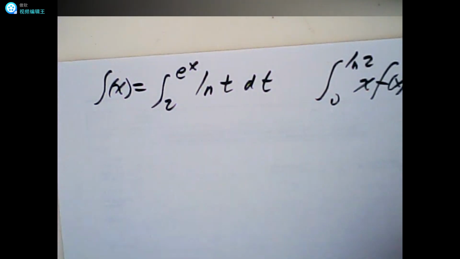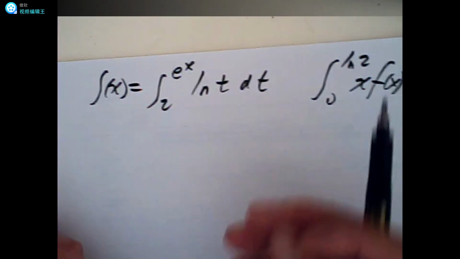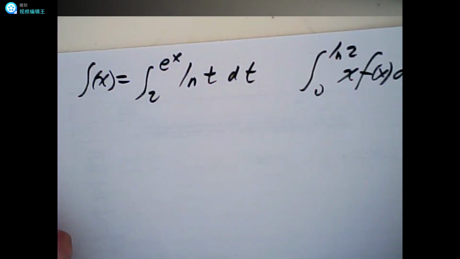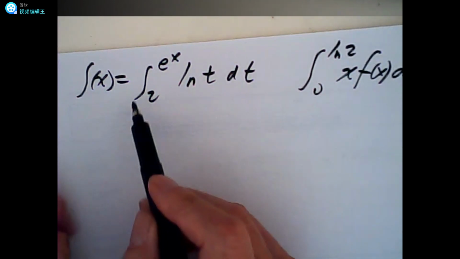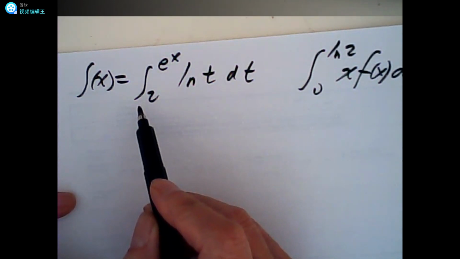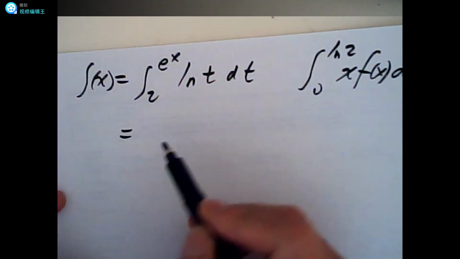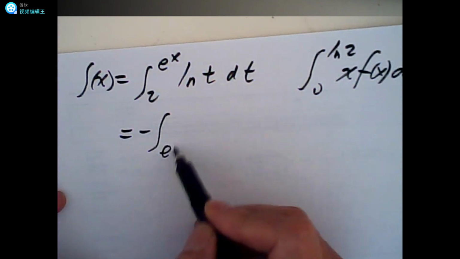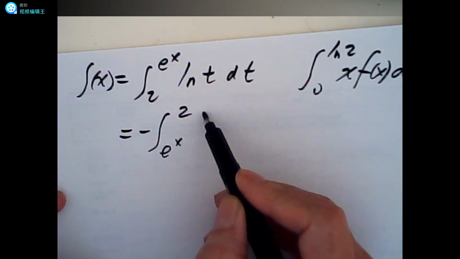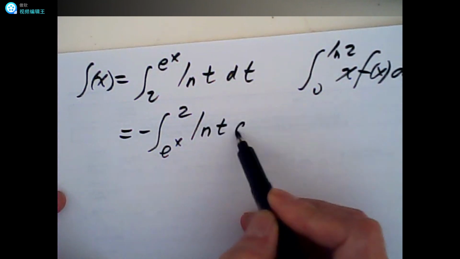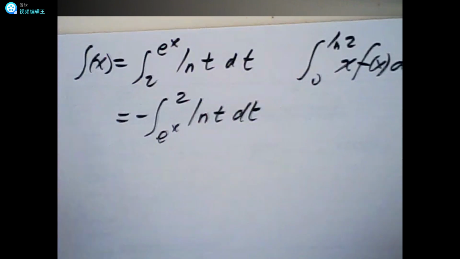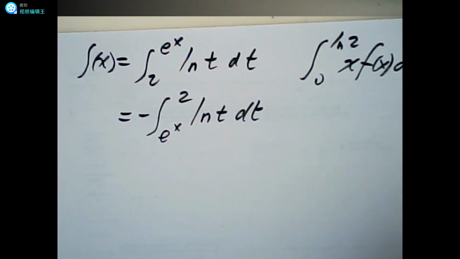Okay, method 2. Now I write this one. F of x is equal to minus the integral from e to the x to 2 of log t dt.